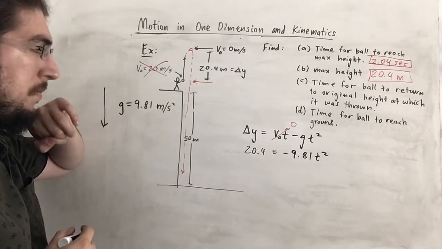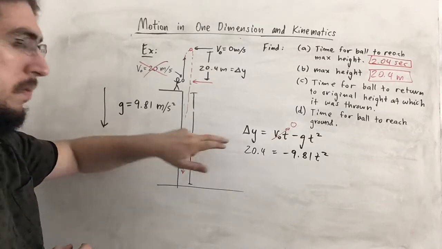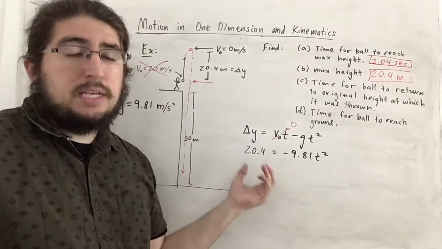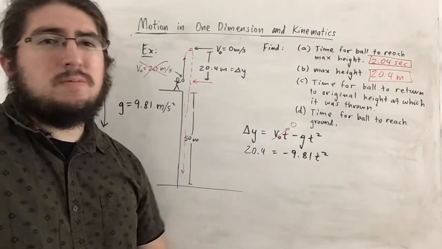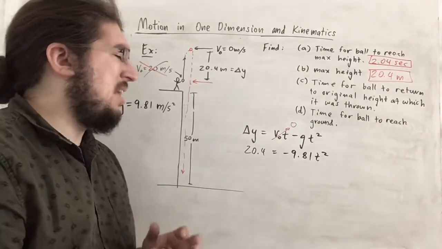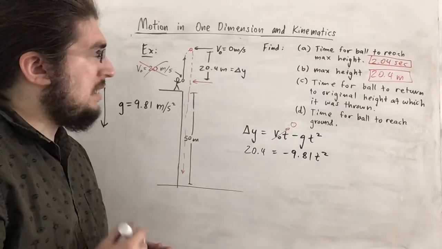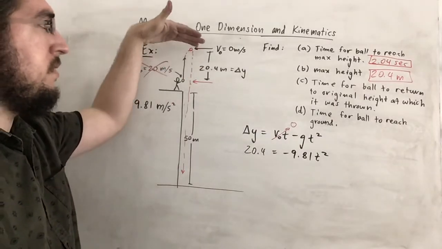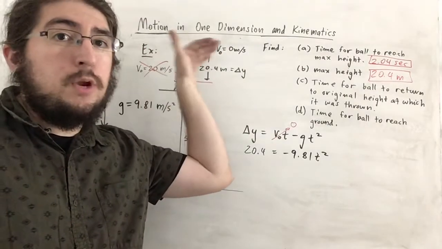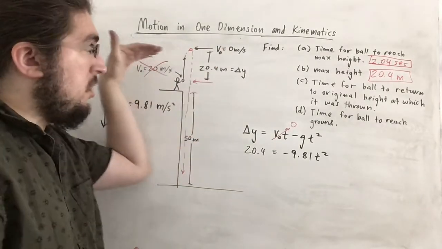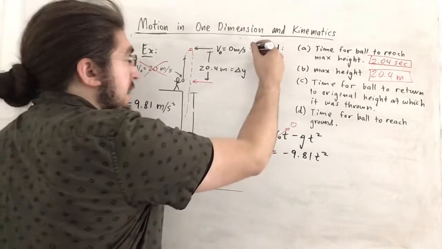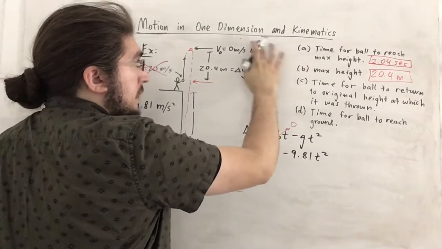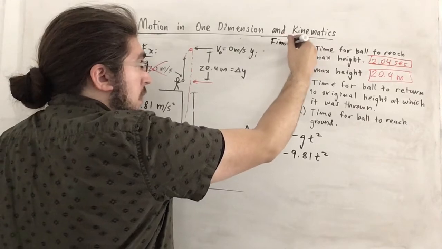So what's the problem? The problem here is that we'll be dividing by a negative. When you divide by a negative, your answer will be negative, and then when you take the square root, we'll have a negative inside the square root. That doesn't sound very nice. As it turns out, the max height is 20.4 meters, but our initial height here, our yi, if you will, let me erase this and move it up a bit.